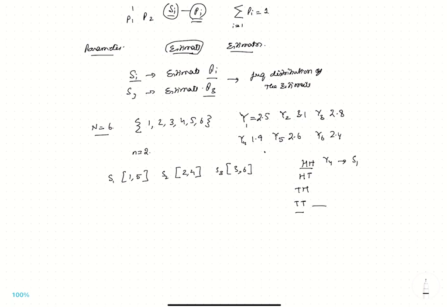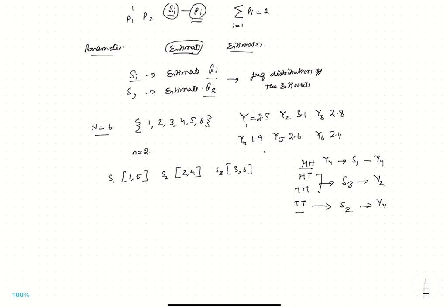If we get T and T, we're going to take an S2 sample, and if we get either of the mixed outcomes, we're going to take an S3 sample. Obviously the probability of S1 is going to be 1 by 4, the probability of S2 is going to be 1 by 4, and the probability of S3 is going to be 1 by 2. Thus the probabilities of choosing the samples are pre-assigned.